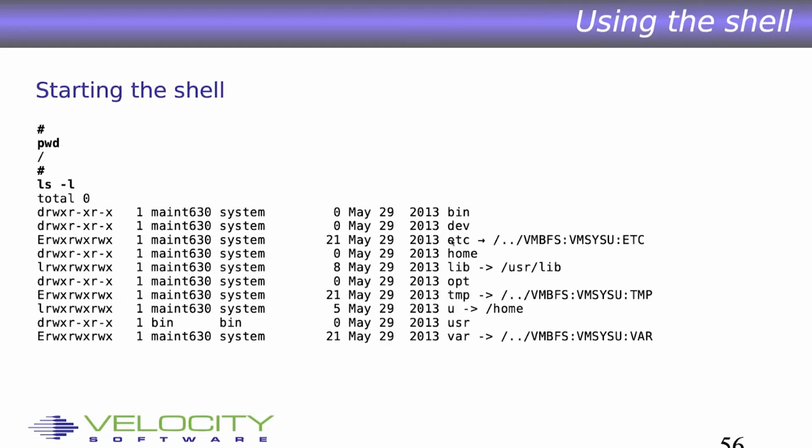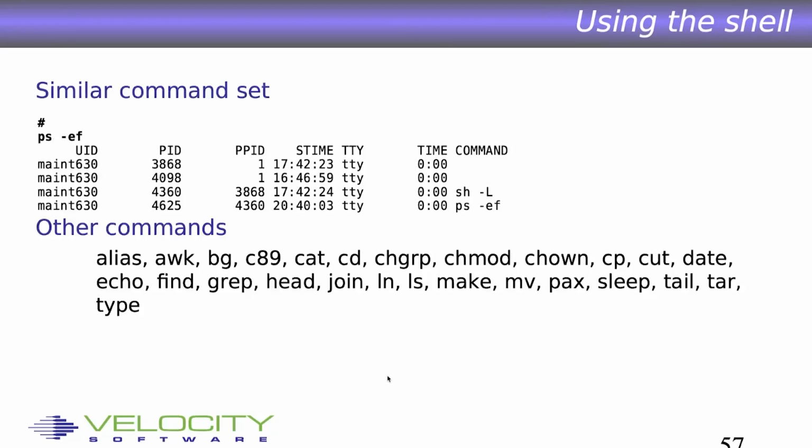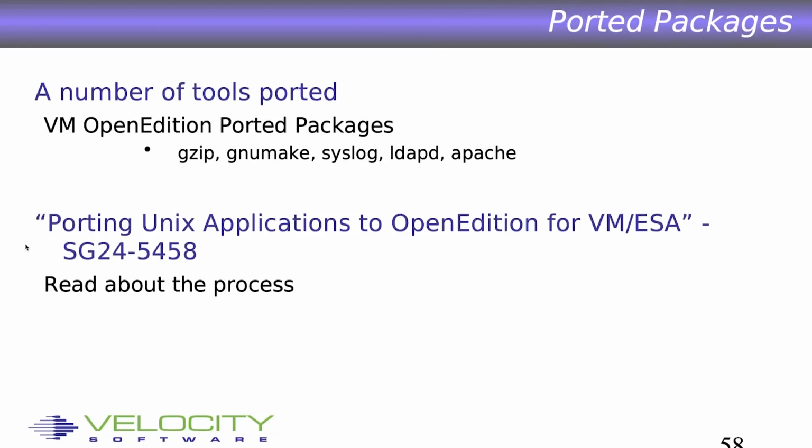In this case, some of the things that are mounted in different directories already, but some of them that exist under root. Lots of other commands are available. I'm not going to go through this exhaustive list, but it is definitely a Unix type subsystem.